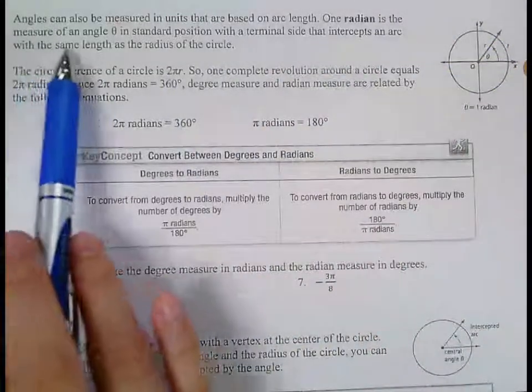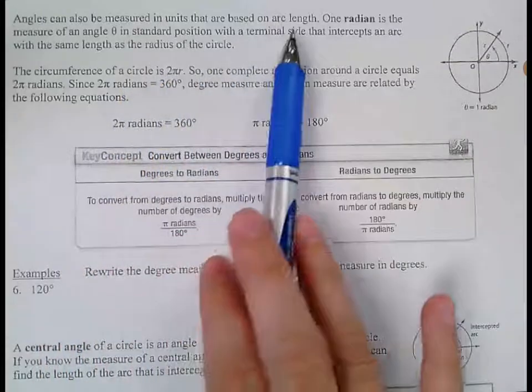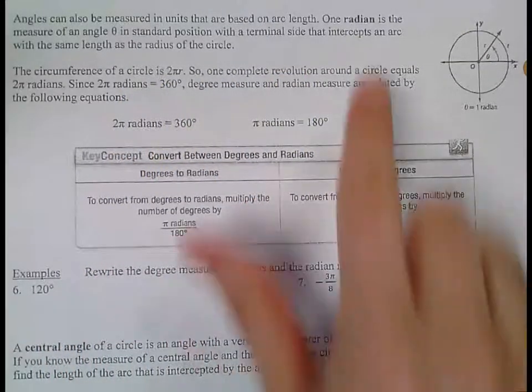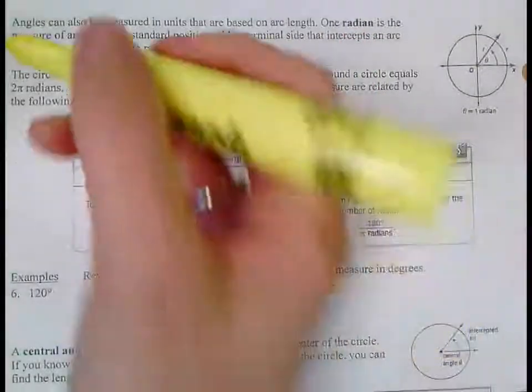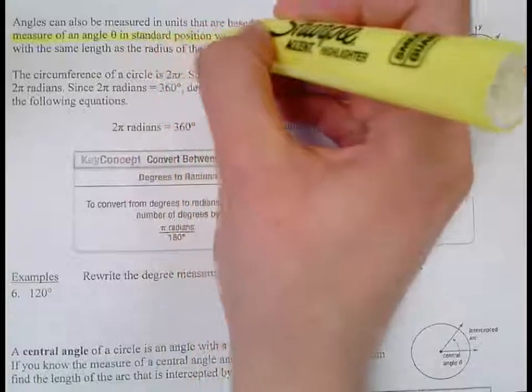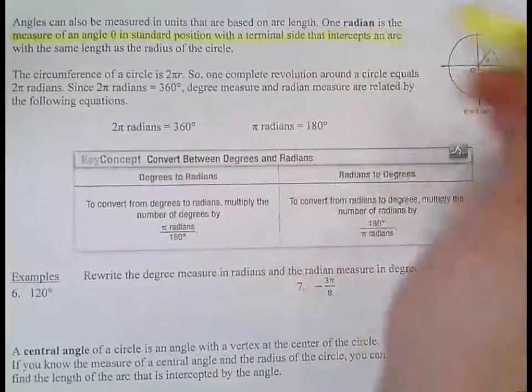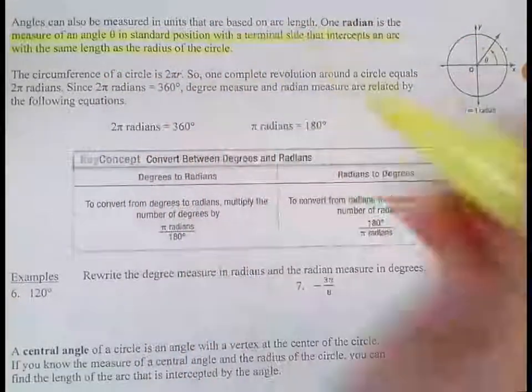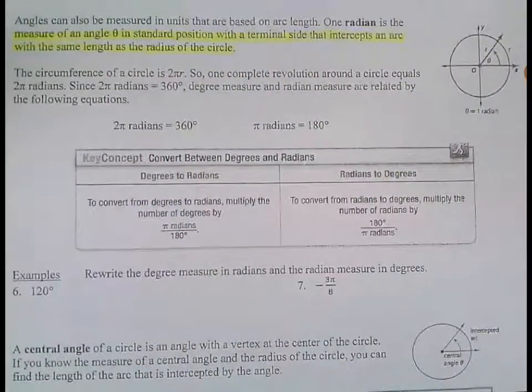So it says here angles can also be measured in units that are based on arc length. So a radian is based on arc length. 1 radian is the measure of an angle theta in standard position with a terminal side that intercepts an arc with the same length as the radius of the circle.